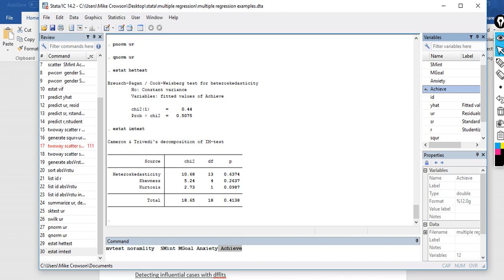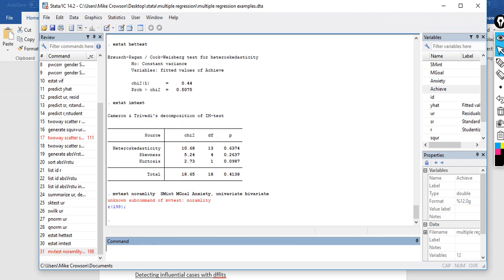Those are some examples there. And then comma, and then I can ask for univariate, bivariate as well. And again, you've got to make sure that you spell things correctly, or else it's not going to work. So I misspelled normality here.